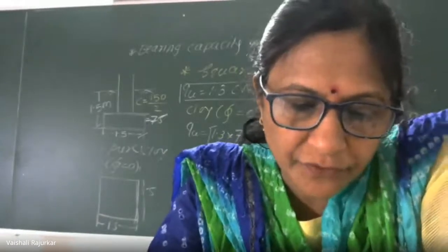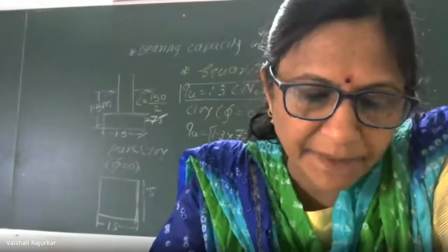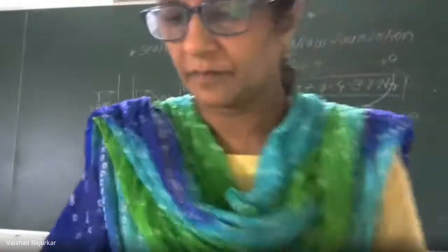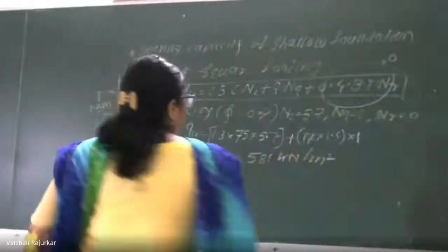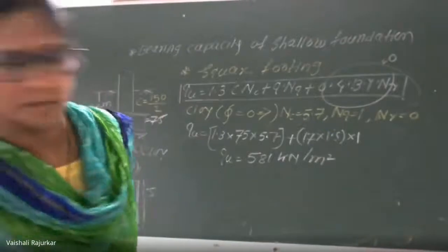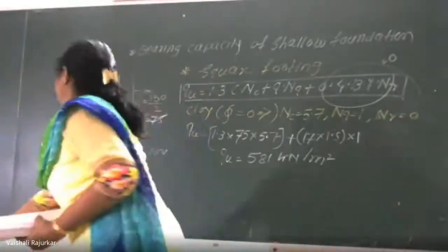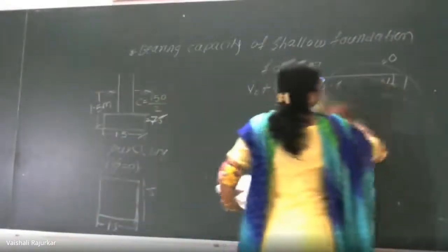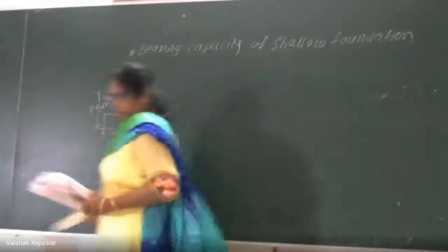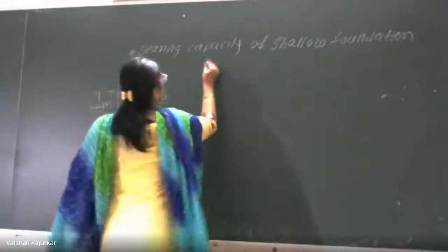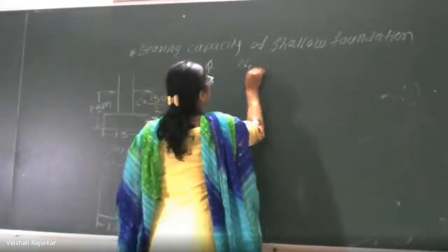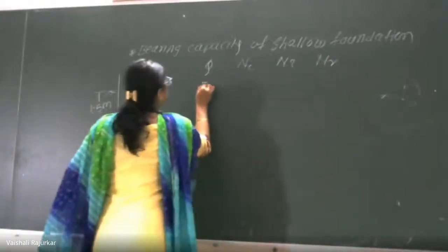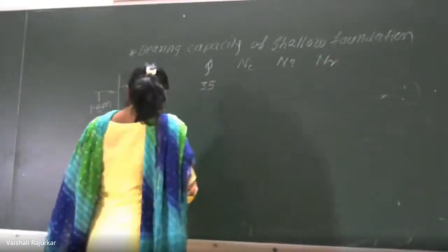For 35, Nc is given as 57.8. So this is phi, Nc, Nq, and N gamma. Phi is given for 35 degree.